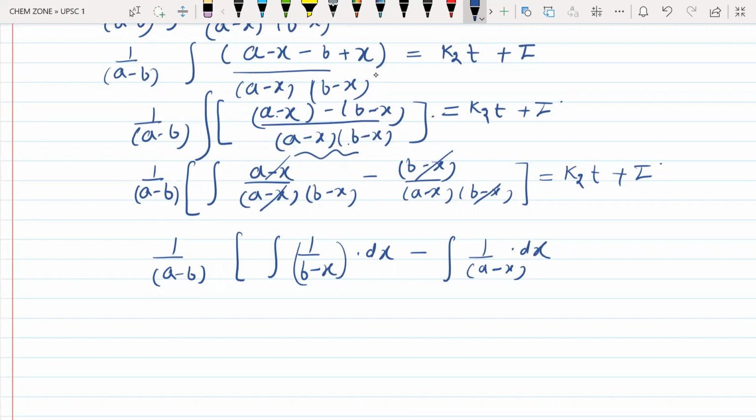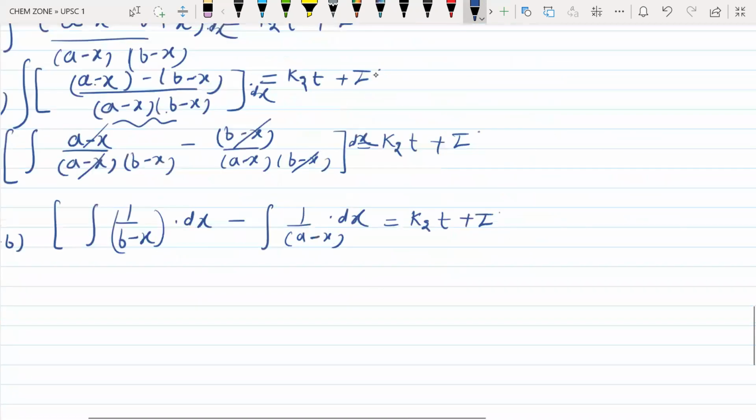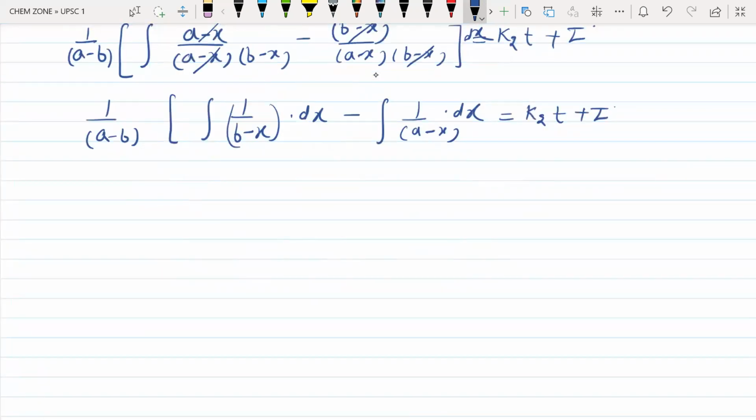I forgot to write dx here. Now we know that integration of 1 upon x is equal to ln x, but here the value of x is b minus x.